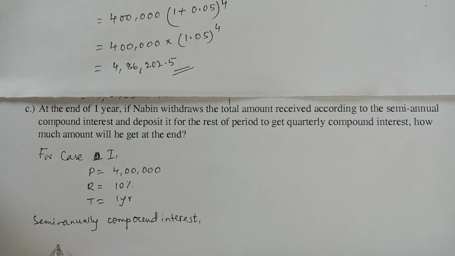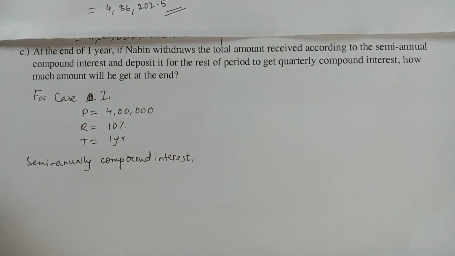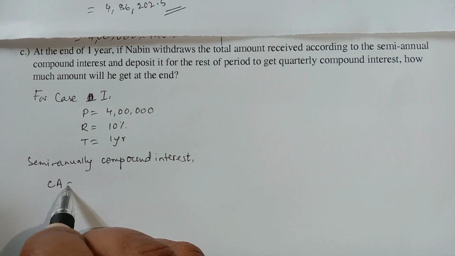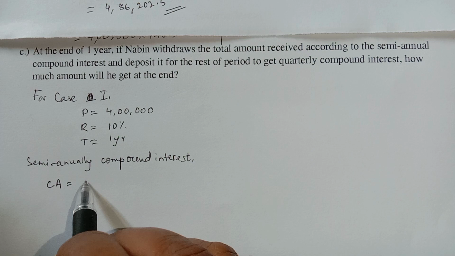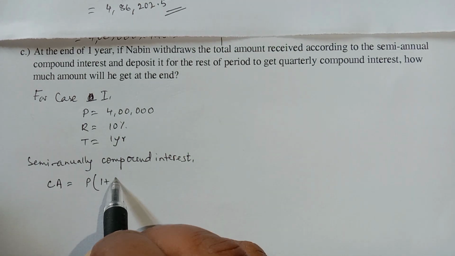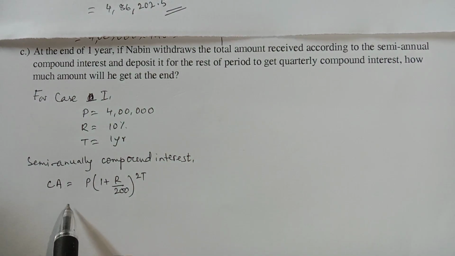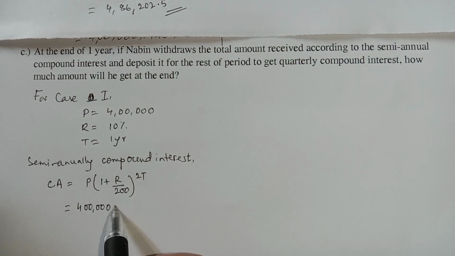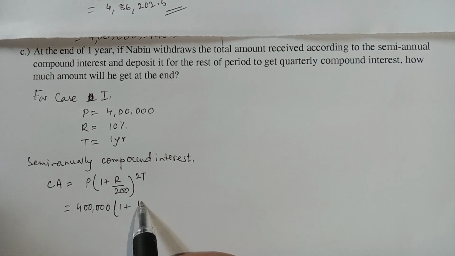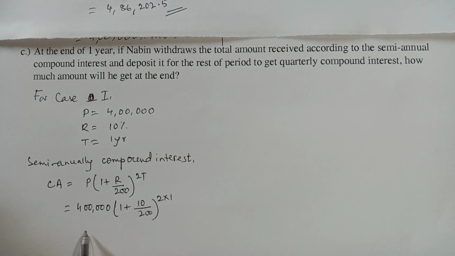The compounded amount, CA, equals P times (1 plus R by 200) power 2t, and we have 4 lakhs times (1 plus 10 by 200) power 2 into 1.